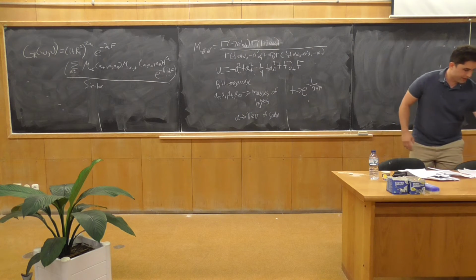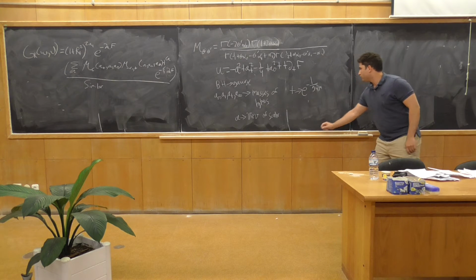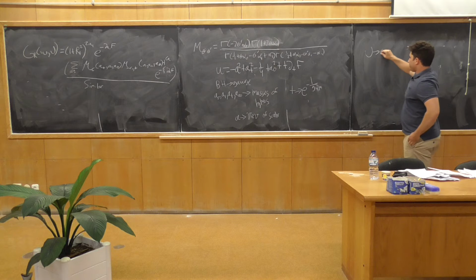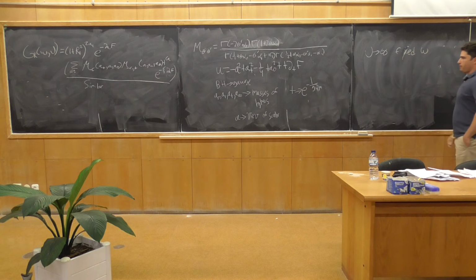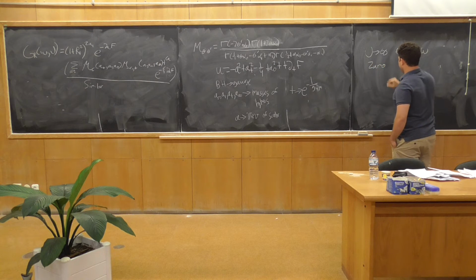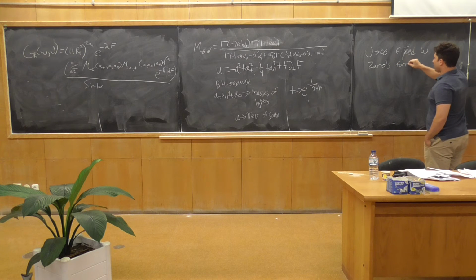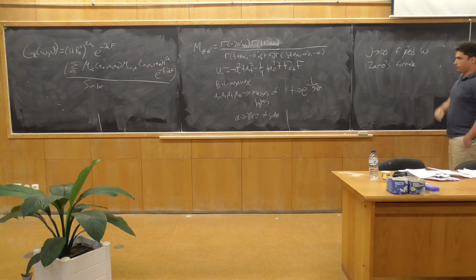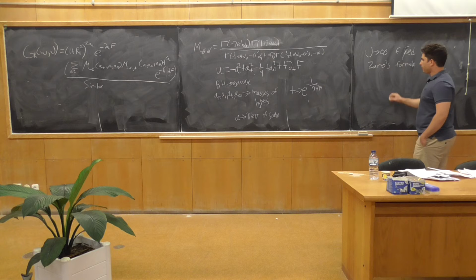So another comment is that at large J and fixed omega, these blocks simplify, and we can use a Zamolodchikov-like formula for the conformal blocks to compute these things exactly in this J to infinity limit.